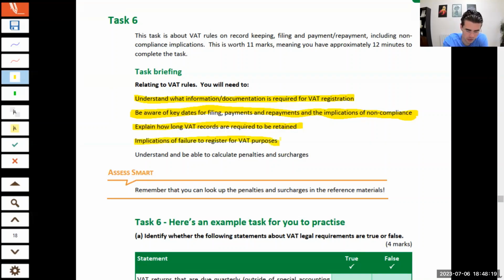Implications of what happens if we fail to register. Be able to calculate penalties and surcharges. This one, the reference material will cover essentially everything that comes up. There might be a couple of stretches we have to make, but by and large, the reference material really is your best friend in this one. Okay, let's have a look.